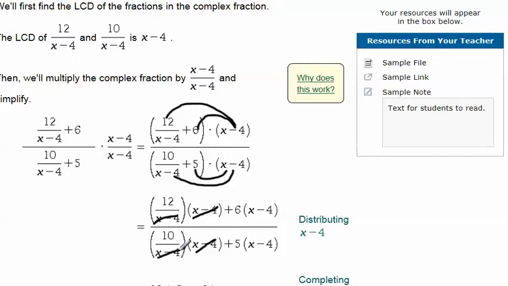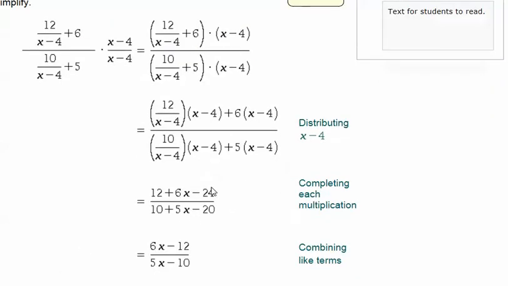We can actually then distribute as the next part the 6 times x minus the 6 times 4. So what you'll see for that is 6x minus 24, and we can distribute the 5 times x minus the 5 times 4. So you'll see what that looks like here.